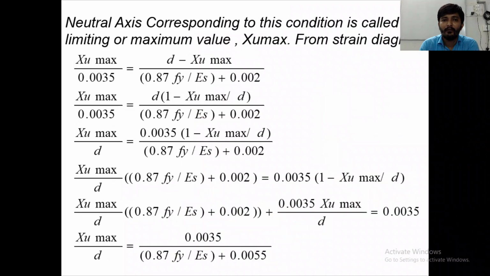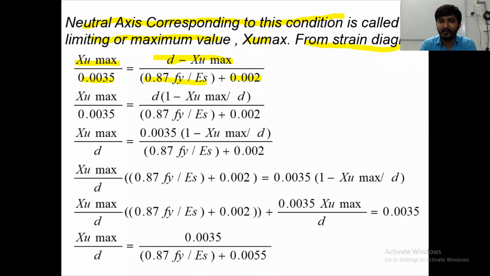So now the neutral axis corresponding to this condition is called the limiting or maximum value, XU max. From the strain diagram, again using the similar triangle rule, XU max divided by 0.0035 is equal to D minus XU max divided by 0.87 Fy divided by Es plus 0.002.